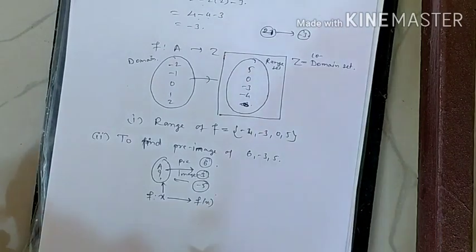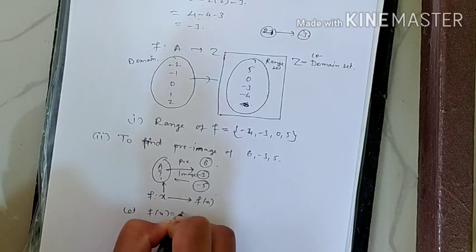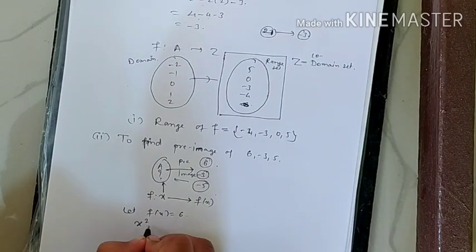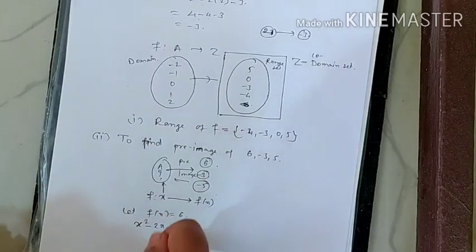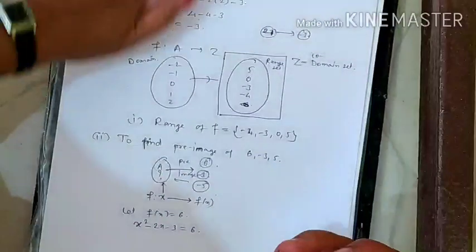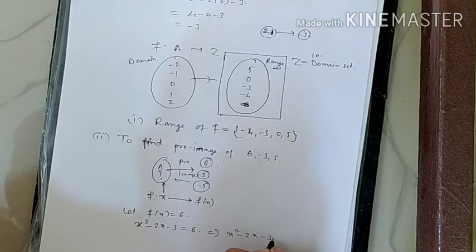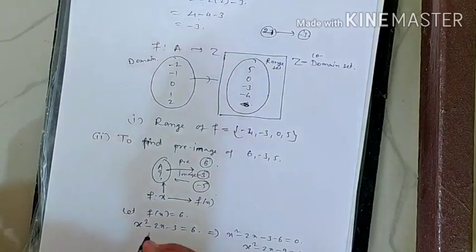So first one, let f of x equal 6. So x square minus 2x minus 3 equals 6. Now we can write x square minus 2x minus 3 minus 6 equals 0, so x square minus 2x minus 9 equals 0.